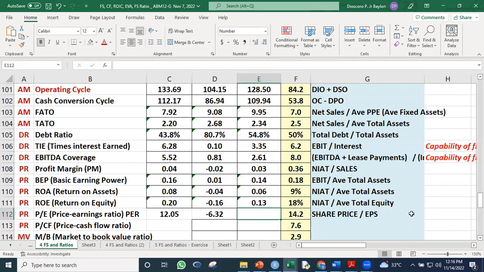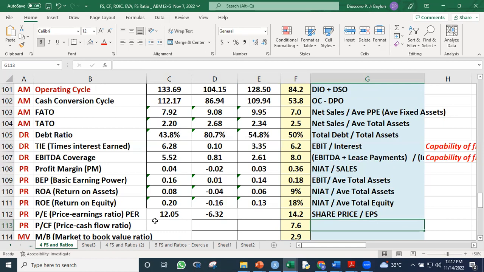So how does it compare? What does the price to earnings ratio mean? If we look at just the formula, it means for every 1 peso of potential profit, that is the earnings per share. So if you have 1 share, that is your earnings from this company, the EPS.